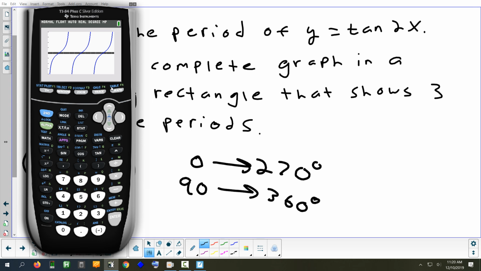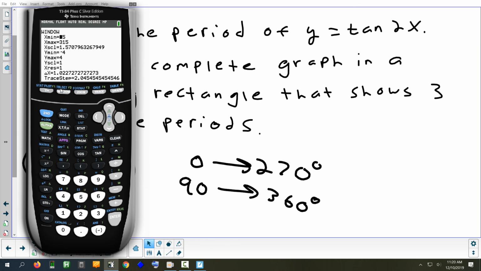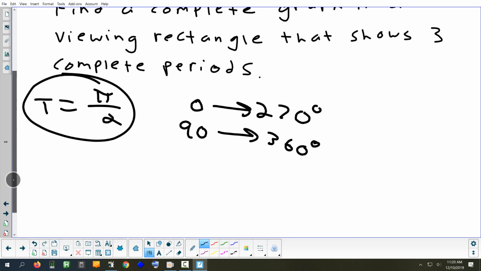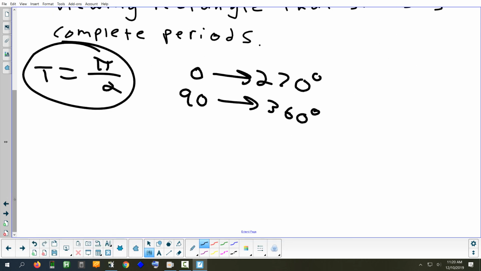Okay. So I'll write the window by hand. X min, we did 0. X max, that's what we did the first time, 0 to 270.